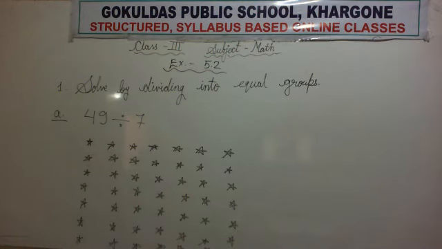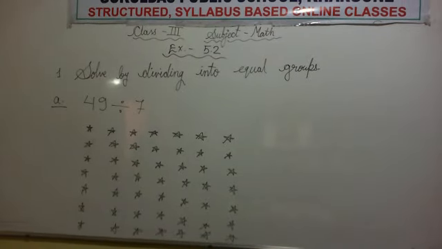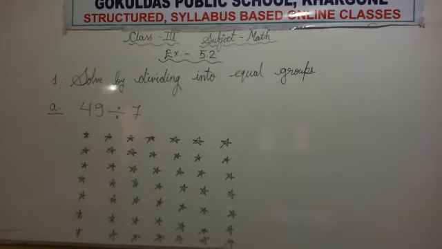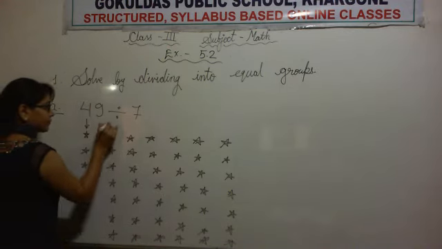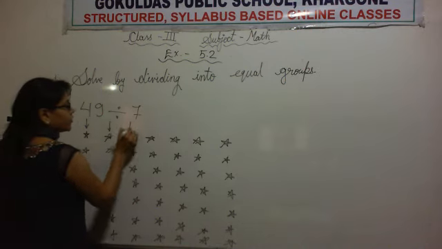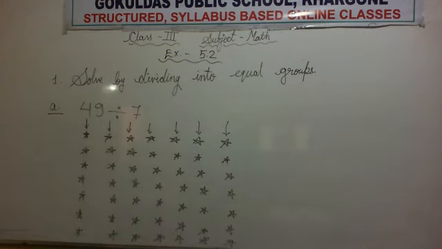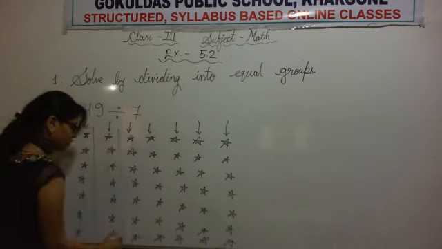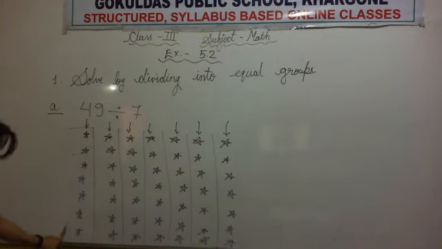How will we divide? Let's divide them in such a manner that each group has an equal number of stars. So 1, 2, 3, 4, 5, 6, 7. These are the 7 groups. Now see, each of them has an equal number of stars.